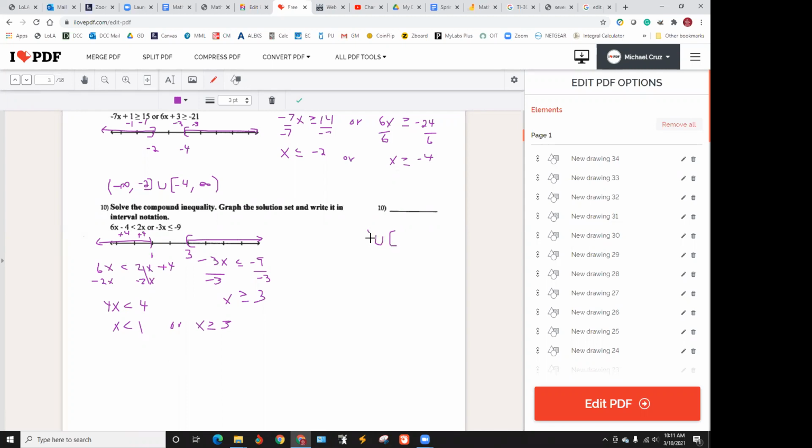This is the parentheses side. 3 goes here. 1 goes here. Comma, comma. This is your positive infinity. Always takes the parentheses. This is a negative infinity. Any infinity always takes a parentheses because you never get there. So there's a solution to that. Any questions?